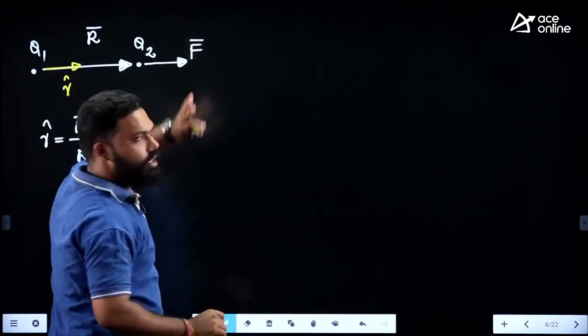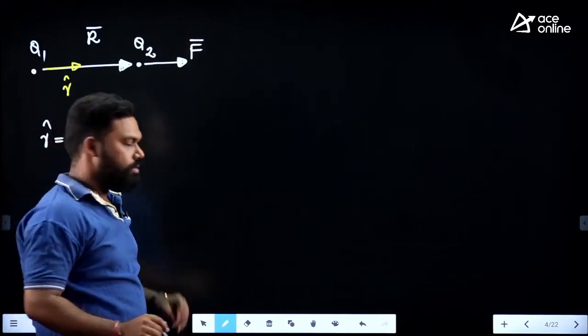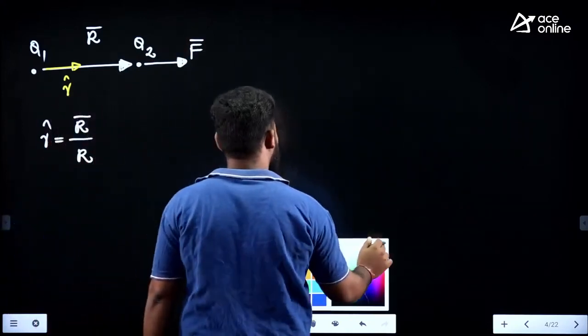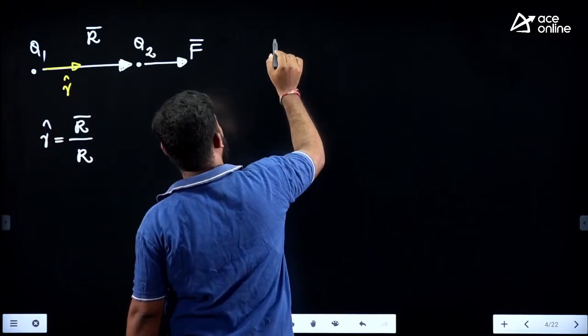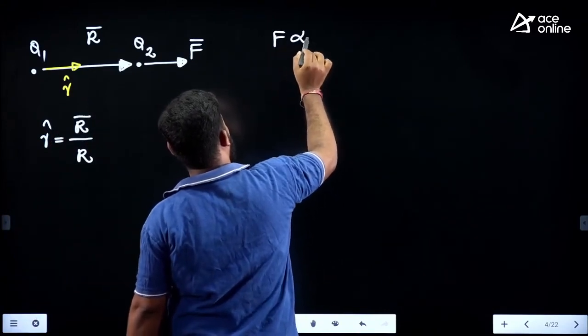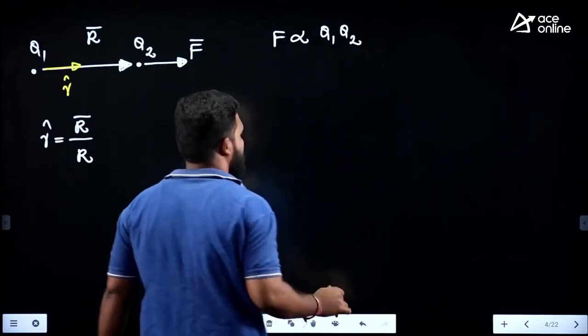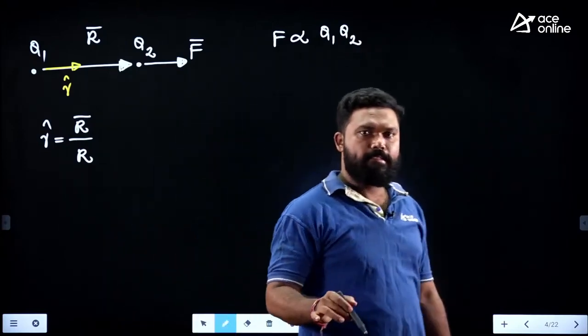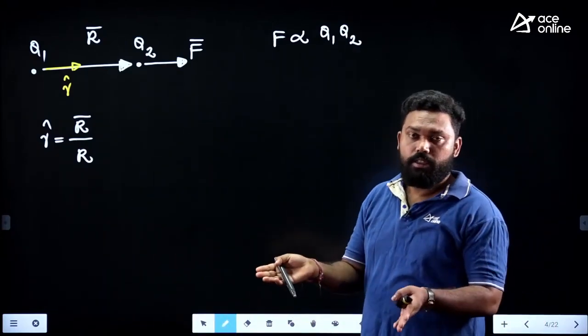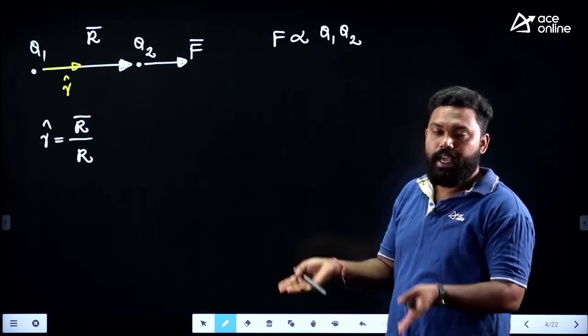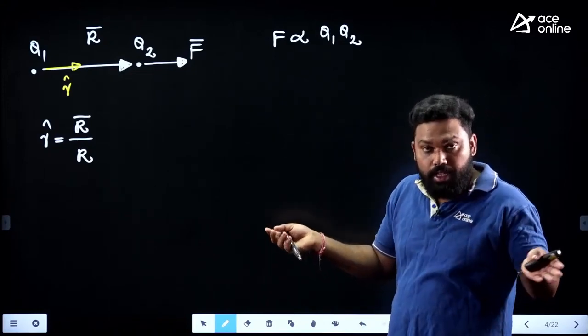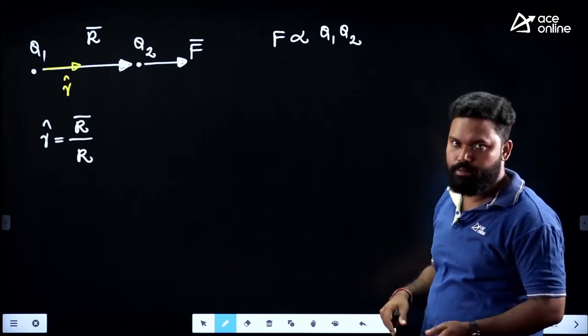If I remove that bar, it just indicates the magnitude. So the force between the two charges is proportional to the product of the charges, Q1 into Q2. That means if there is a very high charge, there will be a high force of attraction or repulsion between them.